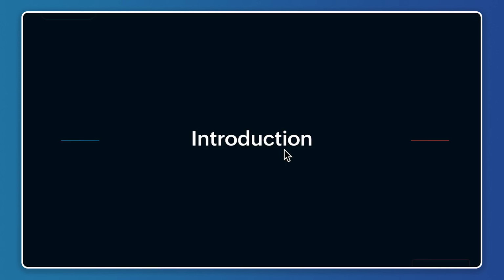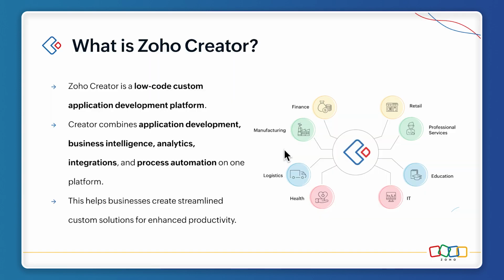Now let's start with the introduction. There might be some people new to Zoho Creator attending the session, so I'll give a quick overview of what Zoho Creator is. Zoho Creator is a low-code custom application development platform.